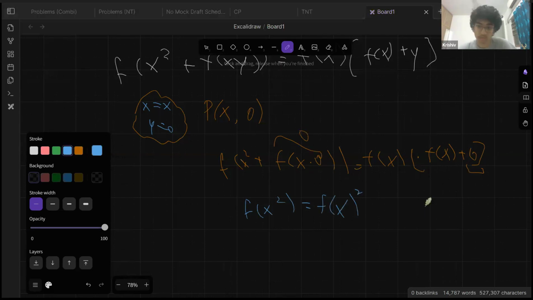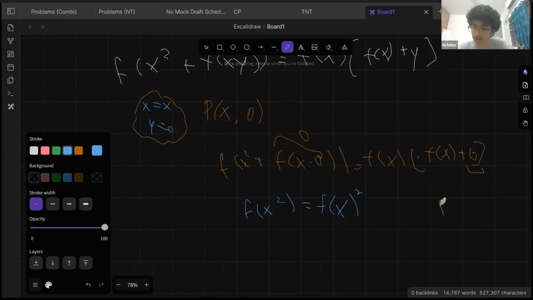Cool. Okay, interesting. And what do we get? Does this give us anything? F of x is plus or minus x. Where did we get that from? Why do we have that? F of 1 is 0 or 1.